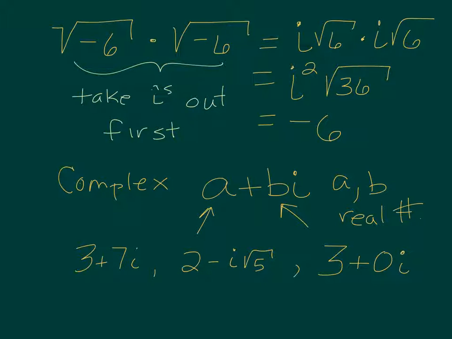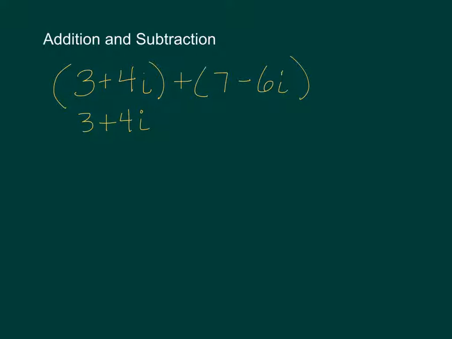So anytime we have a new number set, like complex numbers, we would like to be able to add, subtract, multiply, and divide these numbers. So we're going to start with addition and subtraction. When I have two numbers like 3 plus 4i added to 7 minus 6i, in this particular case, these parentheses don't mean anything.